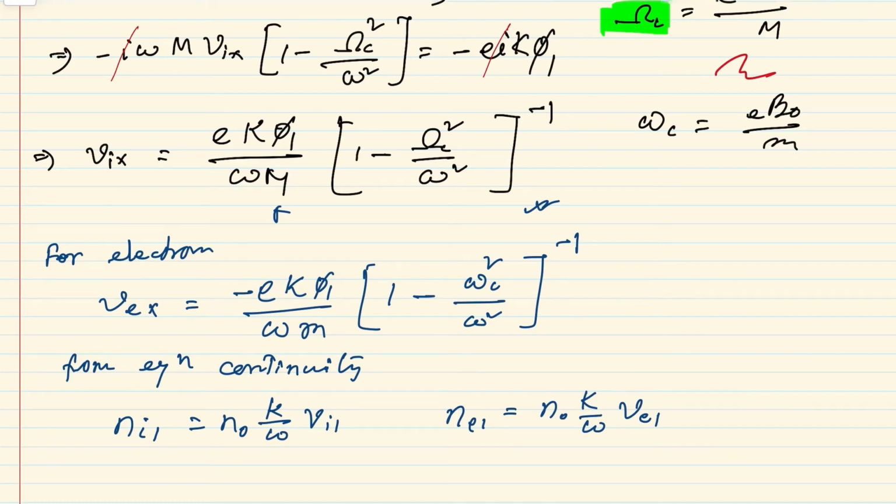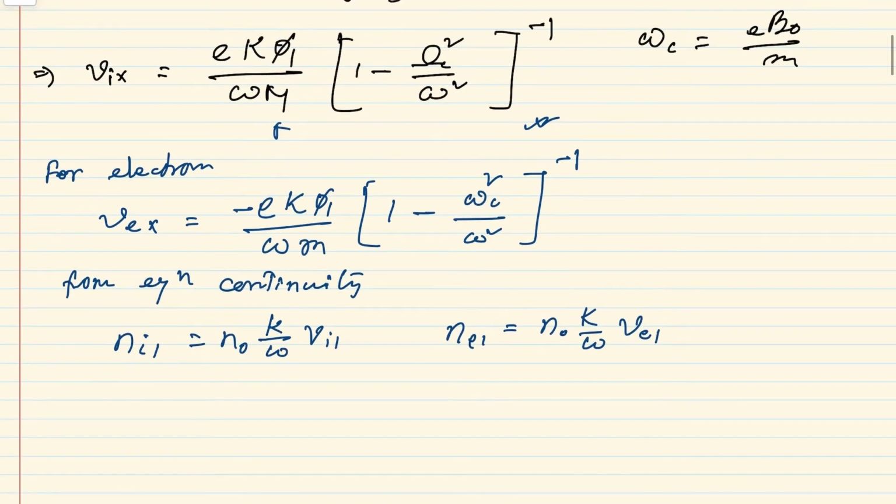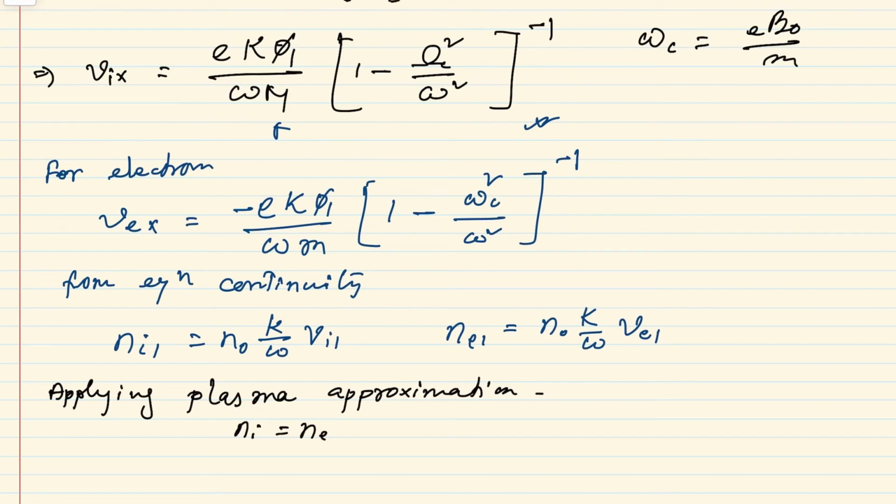Applying the plasma approximation, that means we have to consider Ni is equal to Ne, that is equal to n, and Vix and Vex, that means the velocities of electrons and ions, are the same.